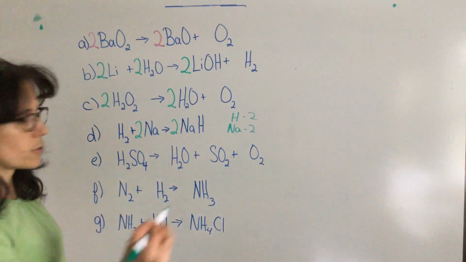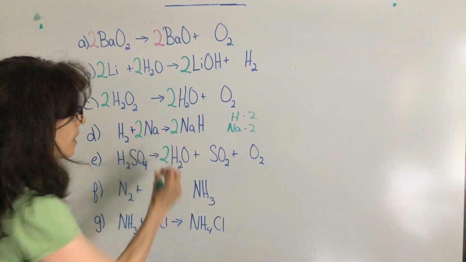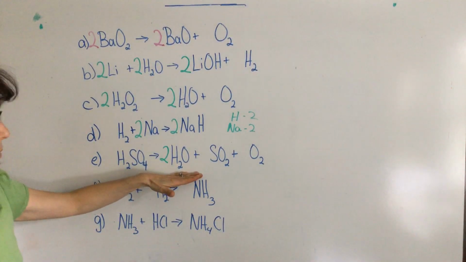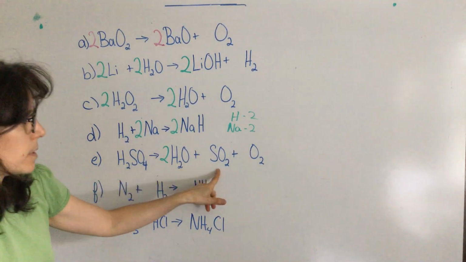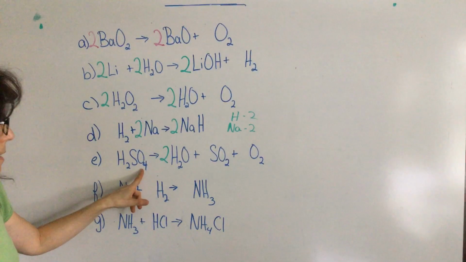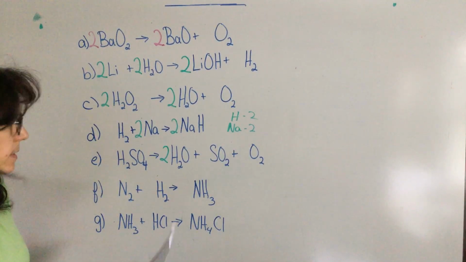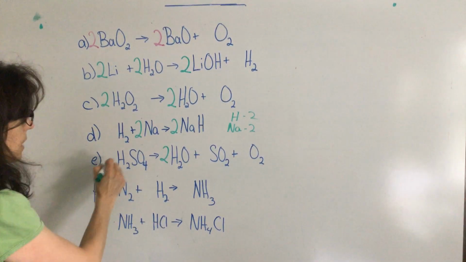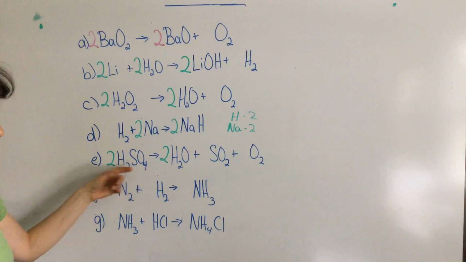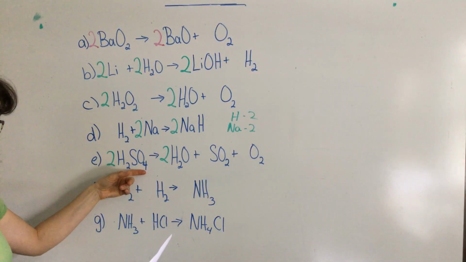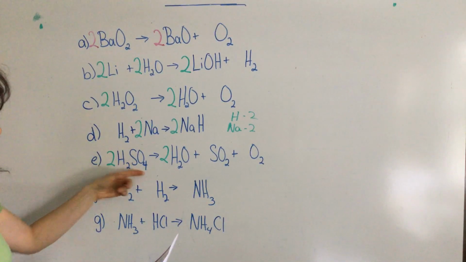So let's start with the water and make this an even number of oxygen, and we'll see what that does. 2 times this is 2 plus 2 plus 2 gives us 6. Okay, but we have a slight dilemma here. The only thing I can do to my sulfuric acid is put a 2 in front of that, and that gives me 8. So how are we going to fix this?